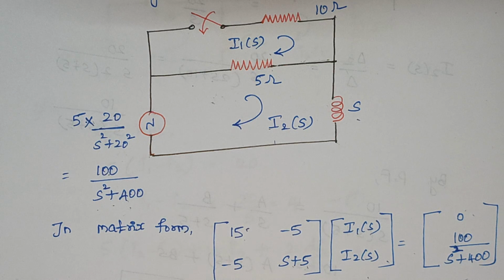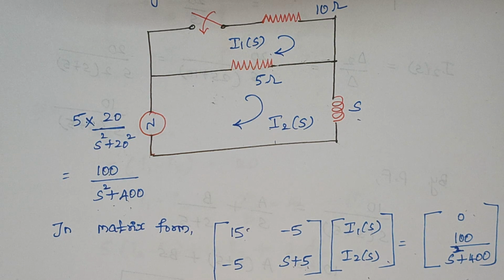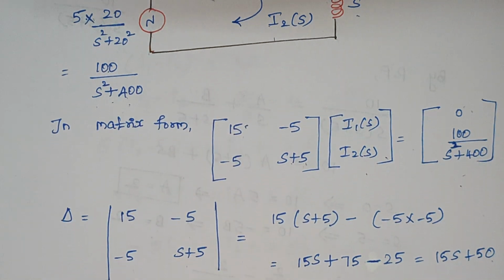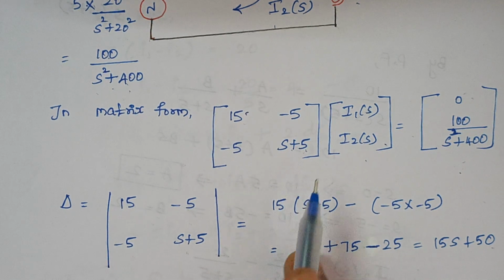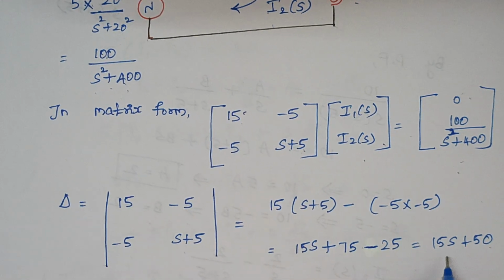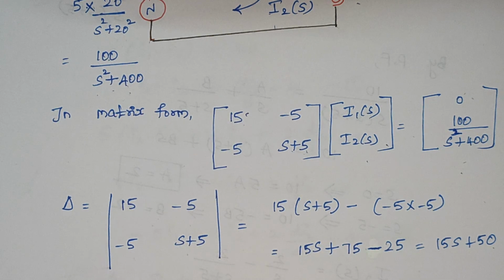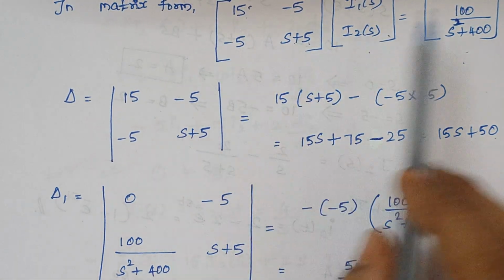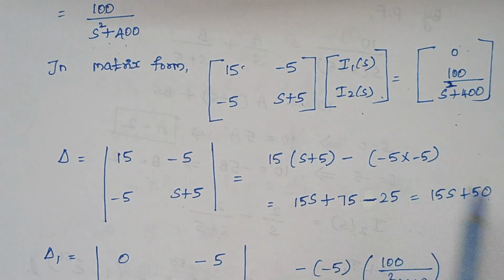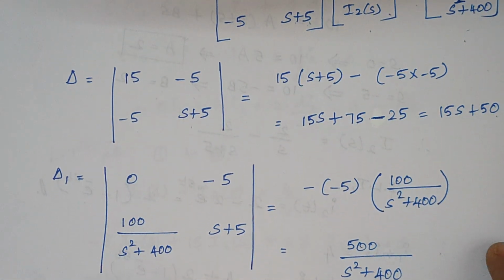So here the thing is, we have to find the values of currents I1 and I2. The first step is we are going to calculate the value of del, that is the determinant of this matrix. So here the value of del is 15S plus 50. The next thing is finding del 1, that is the first column is replaced by the source values.